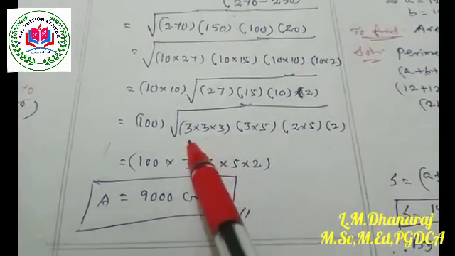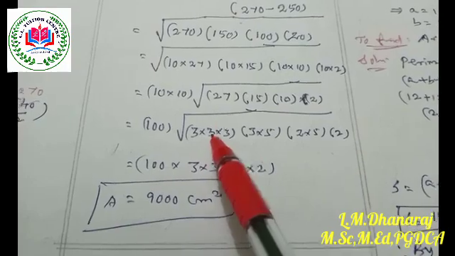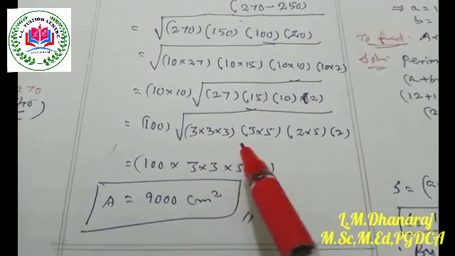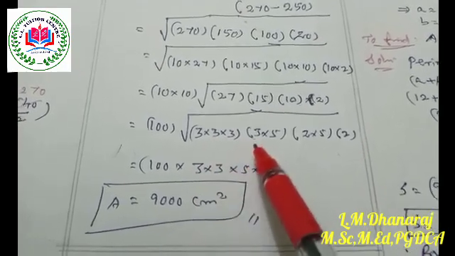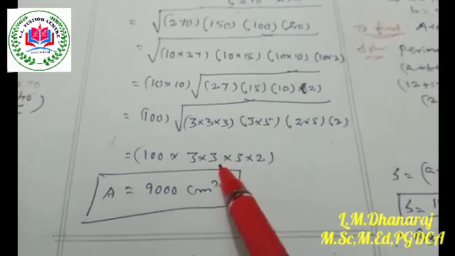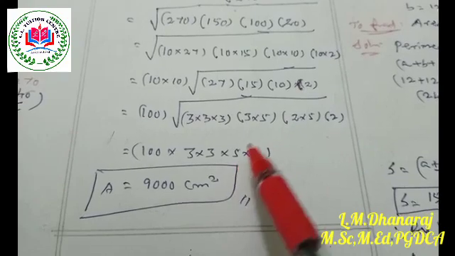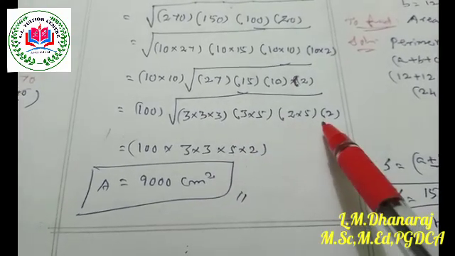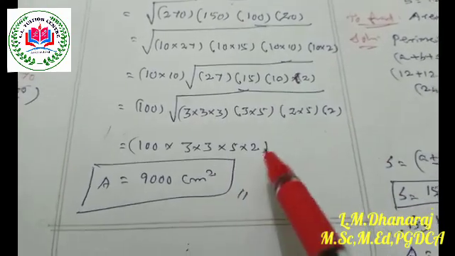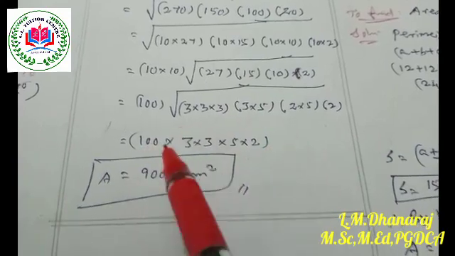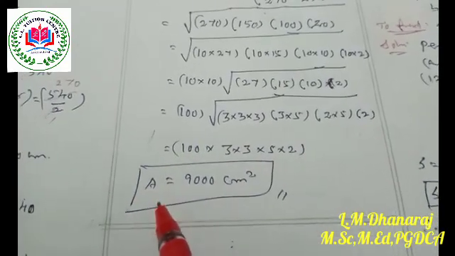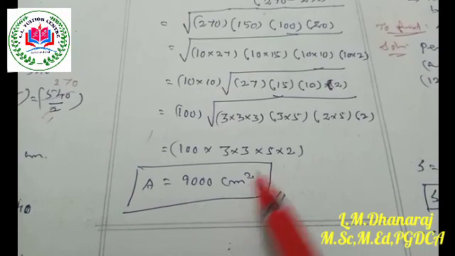Instead of these two 3's, we can take one 3 out. Instead of these two 3's, one 3 can be taken out. There are two 5's, so one 5 can be taken out, and similarly there are two 2's, so one 2 can be taken out. So by multiplication, we will be getting the area is equal to 9000 centimeter square.